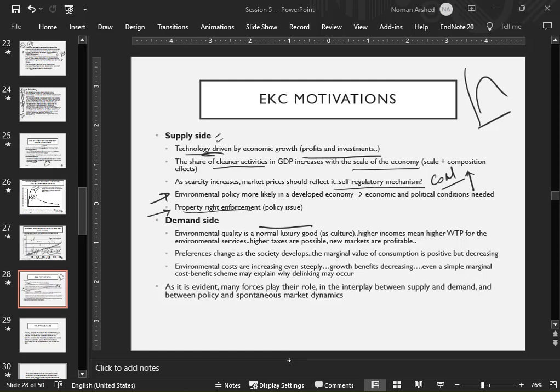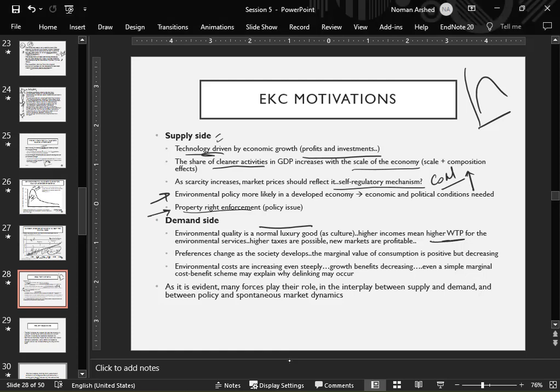Next is that since they consider environmental quality as a normal good, higher income means higher willingness to pay for the environmental services. Means if people are becoming richer and they know that a good environment is a luxury good for them, they will be willing to pay more to get that product.